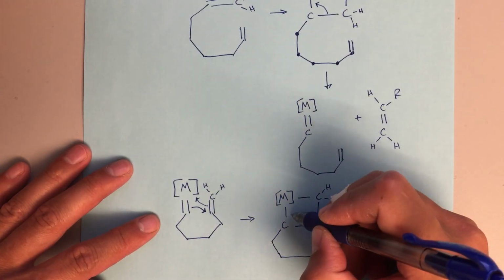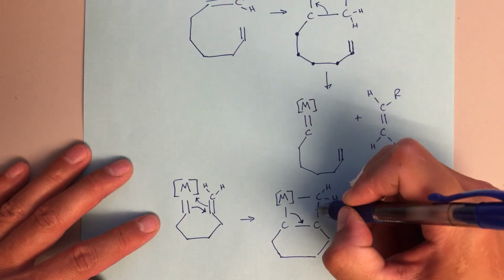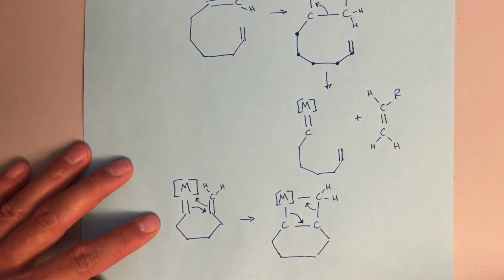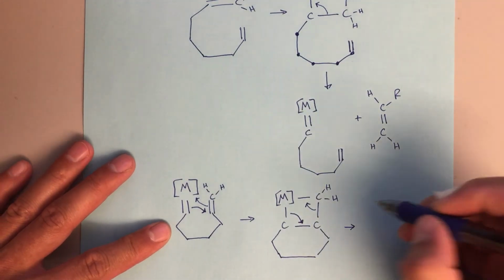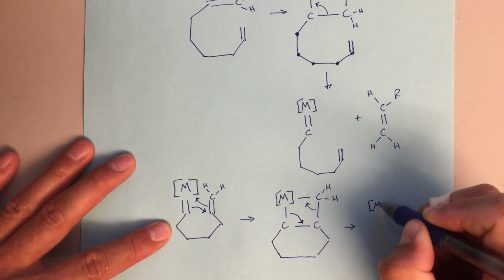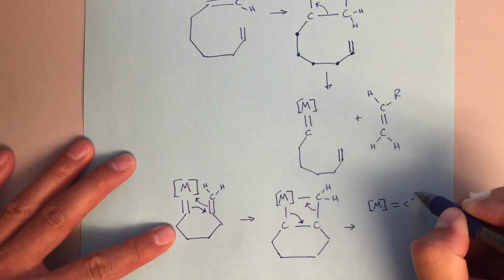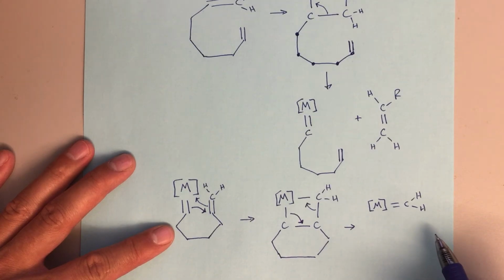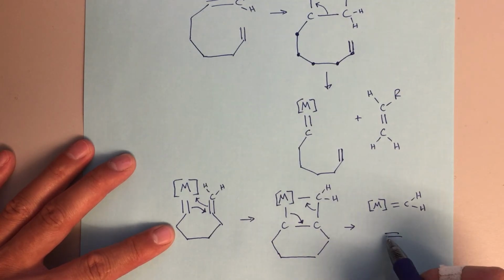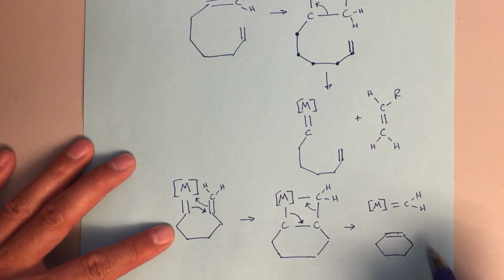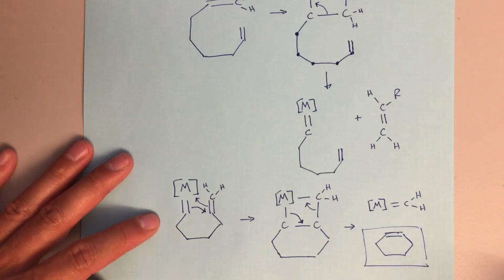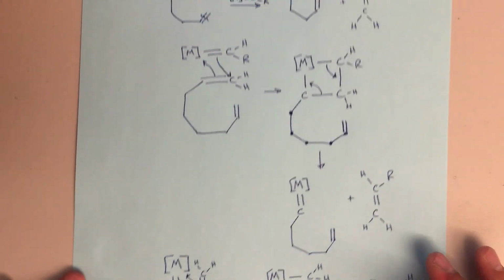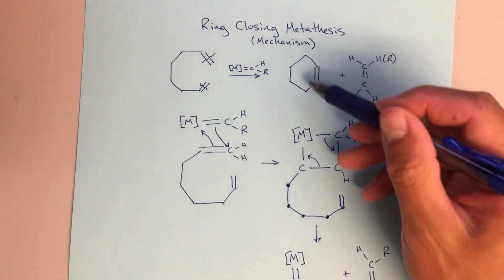Then we finish off the electron movement like we've done before. Now we're going to regenerate our catalyst in a similar fashion as it was originally, with this methylene CH2 over here. And our other product is that cyclohexene, the ring closing product that we saw way back at the very beginning.